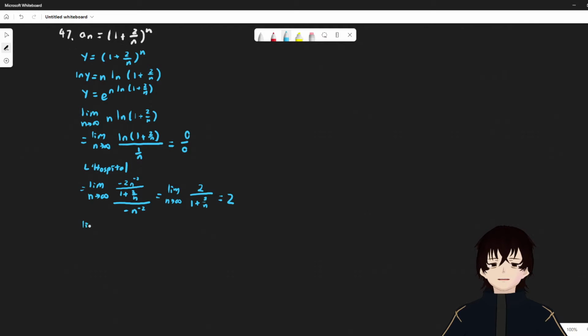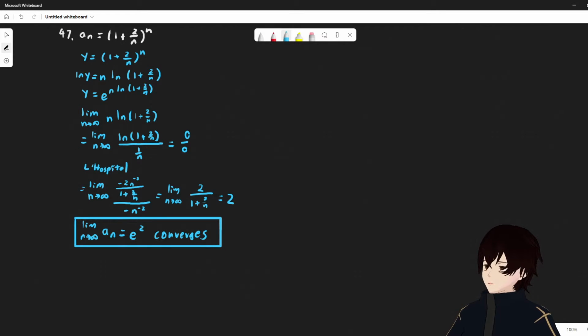Then the limit as n approaches infinity of a sub n is equal to e to the power of 2, because we took the natural log here. So if we exponentiate both sides with e, it's equal to e to the power of 2. And this converges. Alright, that was the hardest problem so far.